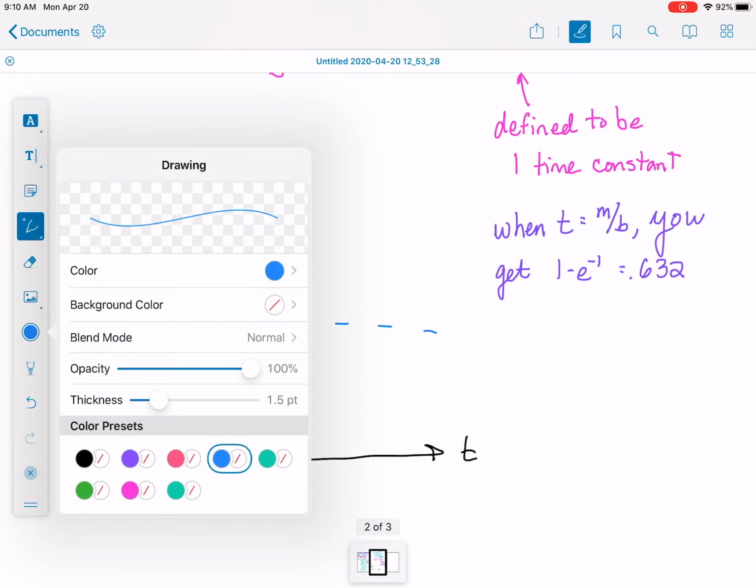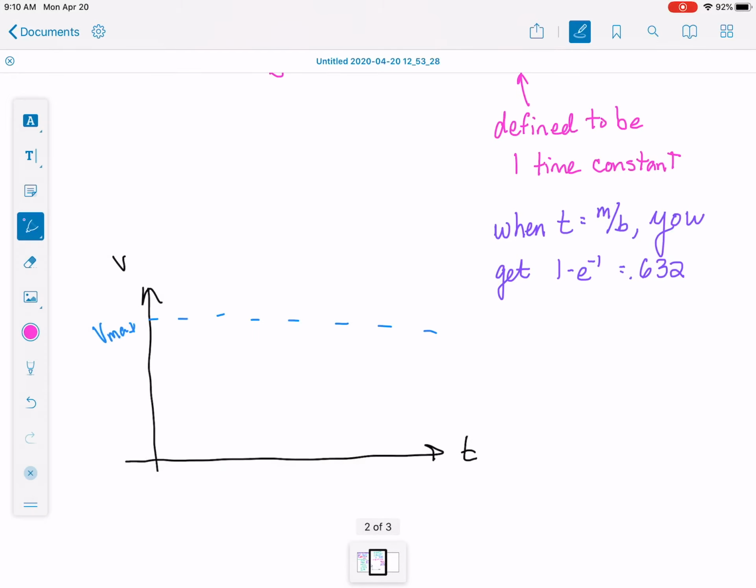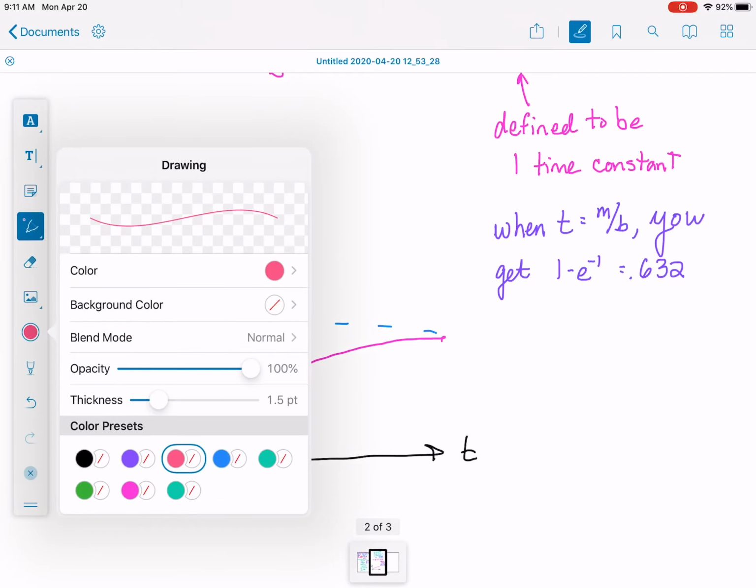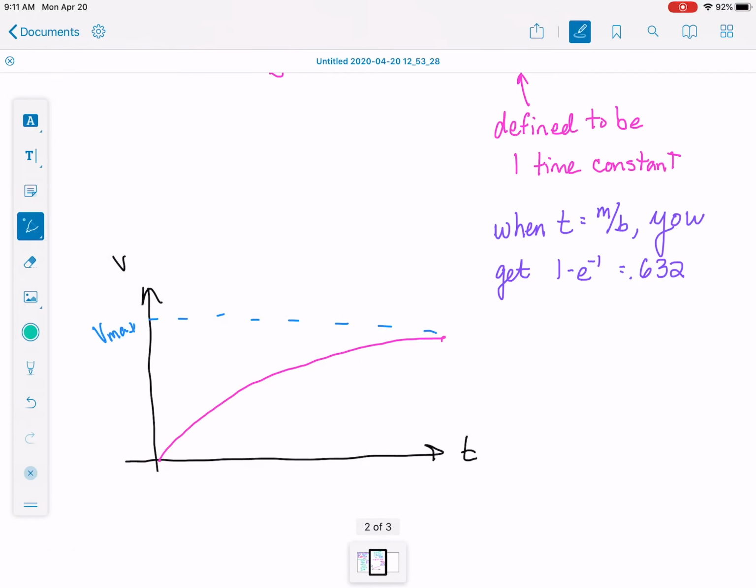And we're going to start off at 0, and we're going to increase as my time goes on, and eventually I'm going to reach my V max. When my time is one time constant, so when t equals tau, we are at approximately 63% of Vmax. So this is 0.63 Vmax.